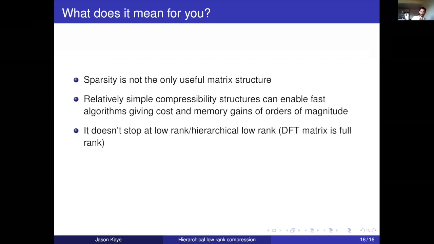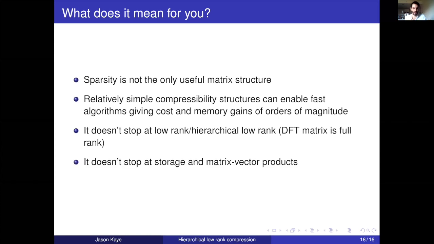I talked about low rank and hierarchical low rank matrices, but it doesn't stop there. The FFT, as I said, is one example of a compression of the DFT matrix, and applied mathematicians have been hard at work on compressing matrices coming from all different areas of computational physics and other applications.